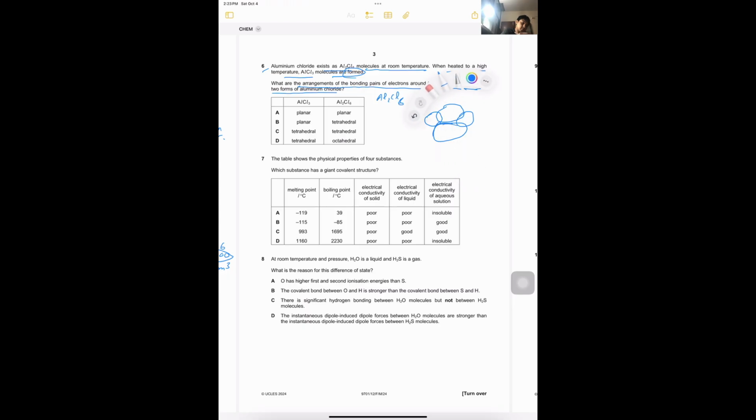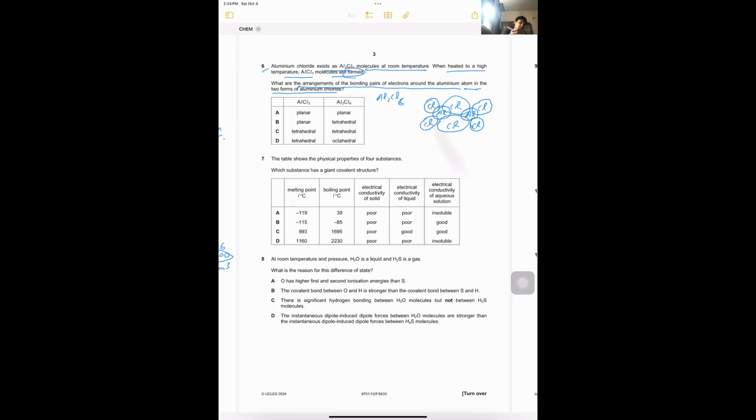Okay, Al and Al, then you'll have a Cl over there. That is one Cl, and one more should be over there, then a Cl over there, another Cl over there. Please forgive my drawing.